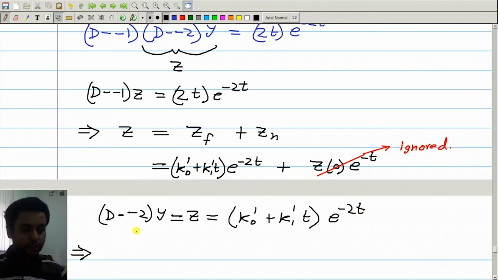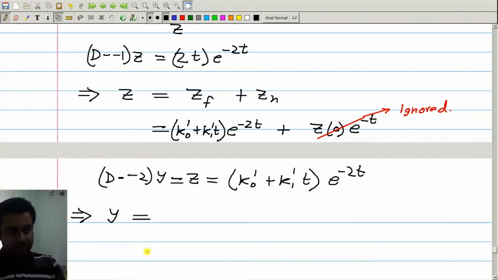From this you can get y1, any one solution we want, so we will not bother about the initial conditions.